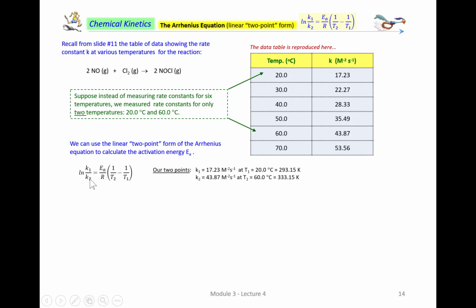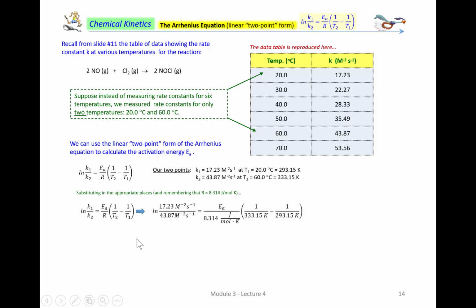K2 would go here at temperature T2, 60 degrees C or 333.15 Kelvin. T2 would go here. And of course, we remember what the gas constant will be. So substituting in the numbers, we have our 2 rate constants, our 2 temperatures, and the gas constant.